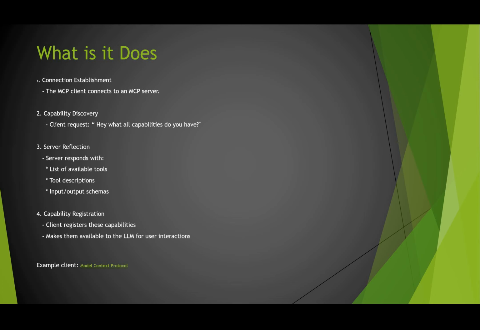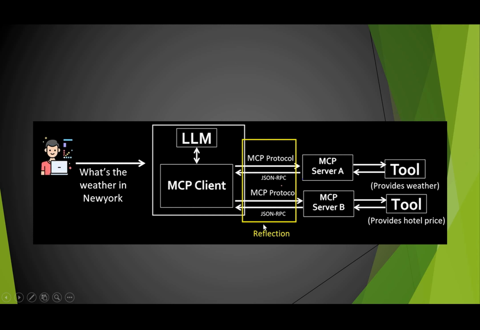And the server responds with a list of all the available tools, tool descriptions, input and output schemas, all those pieces of information. And for capability registration, the client, after seeing that list of the available tools, registers these capabilities and makes them available to the LLM for the user interaction. So basically all these things need to be done at this reflection side using the MCP protocol.